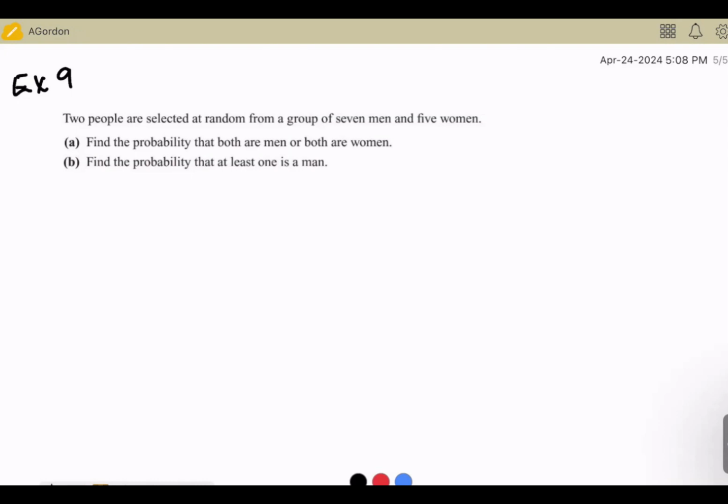the notion of events being mutually exclusive. This means that if one thing is happening, then the other one cannot be happening at the same time. An example would be flipping a coin. If I flip just one coin, there's no way for me to get both heads and tails at the same time. If I get heads, then I definitely didn't get tails.